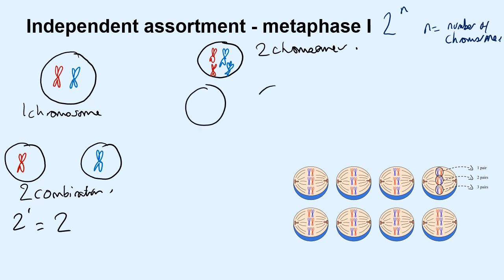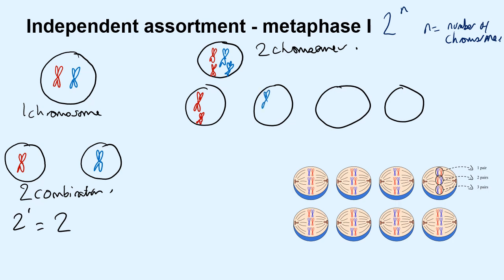And if we look at the combinations, we could have big red and little red, or big blue and little blue, or big red and little blue, or big blue and little red.